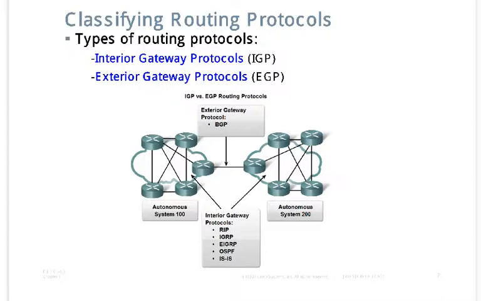Okay? How it's aggregated and how it's summarized, we'll talk about later. But when the information gets exchanged between those two border gateway routers, it gets really summarized. So in each of these autonomous systems, we could use one or more of the interior gateway protocols. Okay? But between those two, we use border gateway protocol.